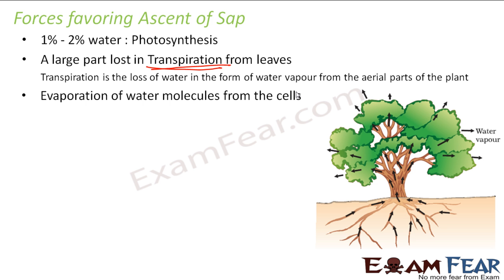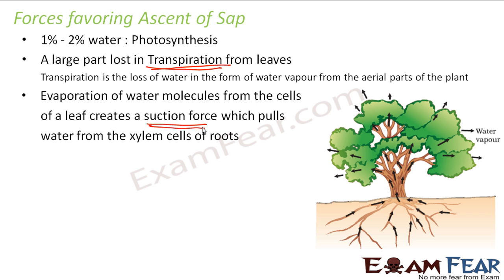Because of the evaporation of water molecules from the cells, a force is created. Since there is a lack of water in the leaves, the leaves will have a tendency to pull water from below. This force is known as the suction force. The evaporation of water molecules from the cells of a leaf, that is transpiration, creates a suction force which pulls water from the xylem cells of the roots.